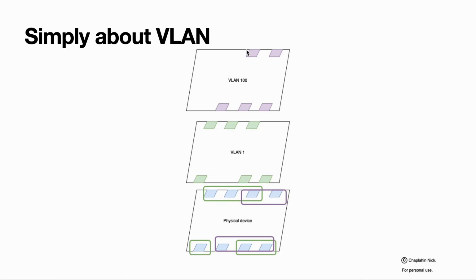If the port is a member of the VLAN in tagged mode, we let this tag stay in the frame, and the frame goes out tagged. If the participation of the port is untagged, we remove this VLAN tag, and the packet goes out untagged.